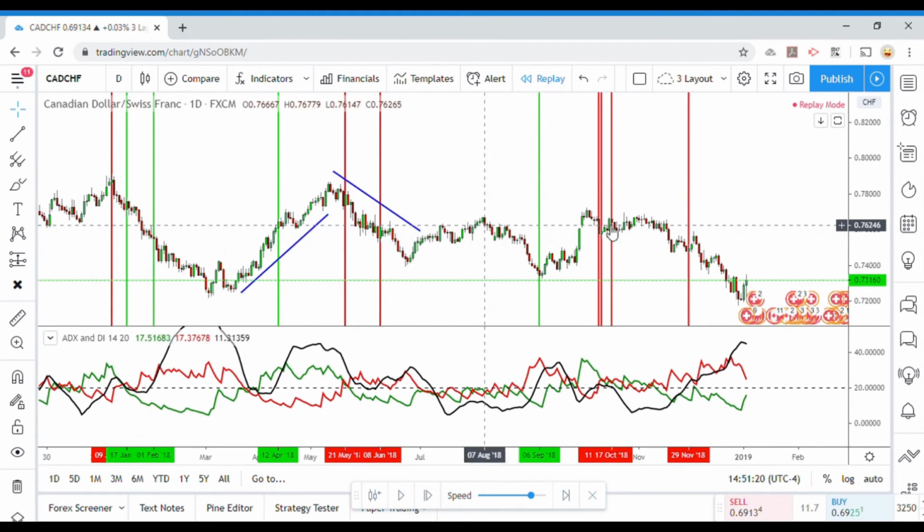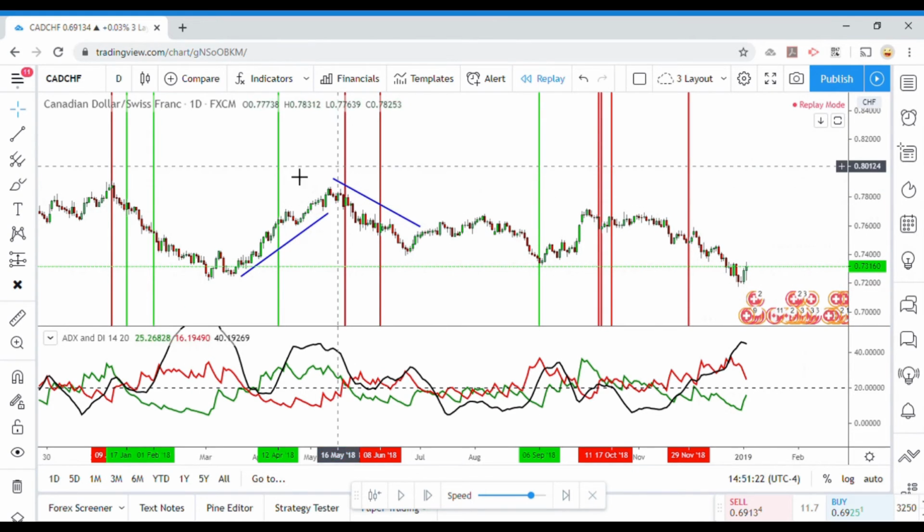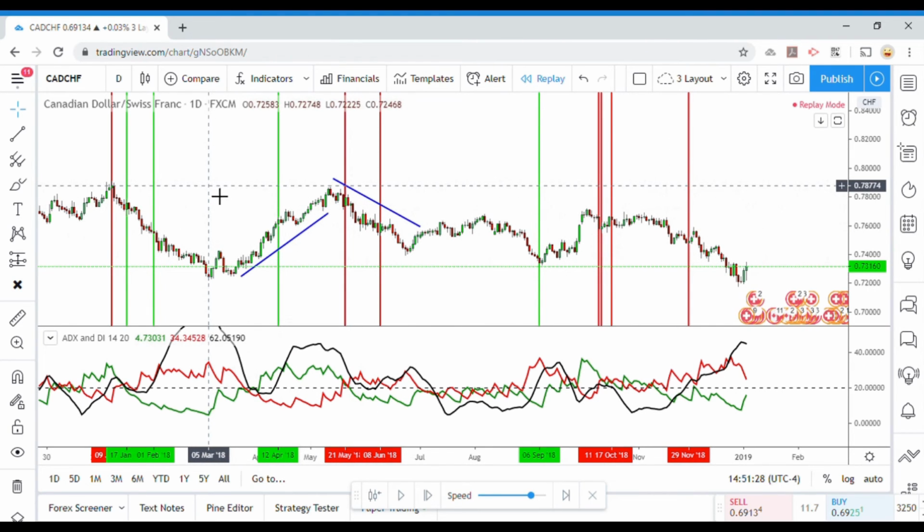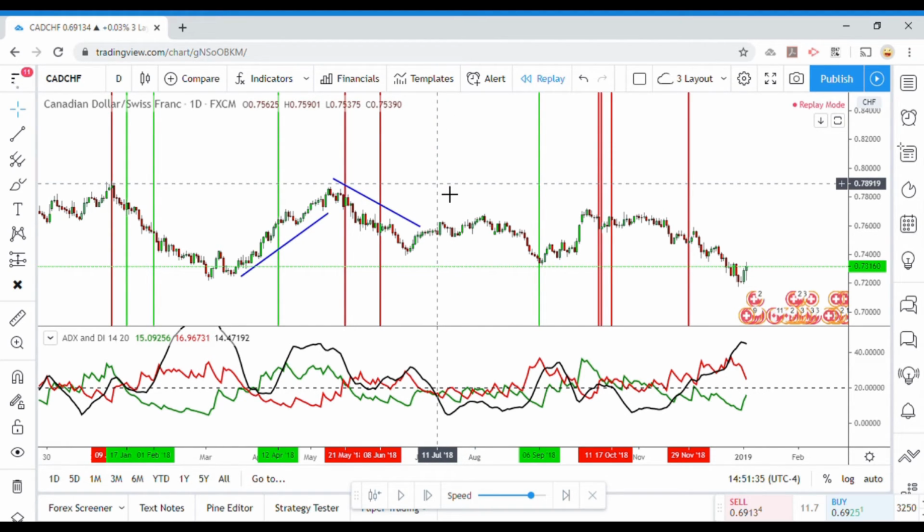Another thing about this that I also explained in the RSI video is it's not giving a whole lot of signals. It's not too bad, so I won't say too much about that.